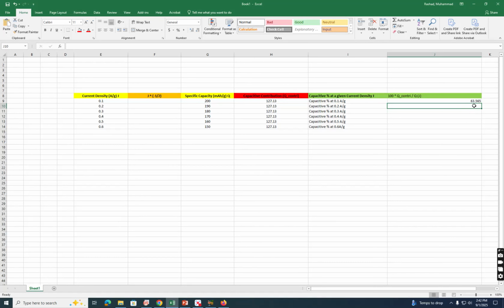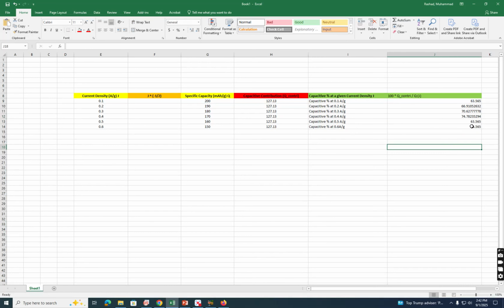And let's continue for the other current densities. So you need to change the formula. This is 200, this is 190. This is just a demo because I am not using the original values, so it could be different. 180, and this is 170.